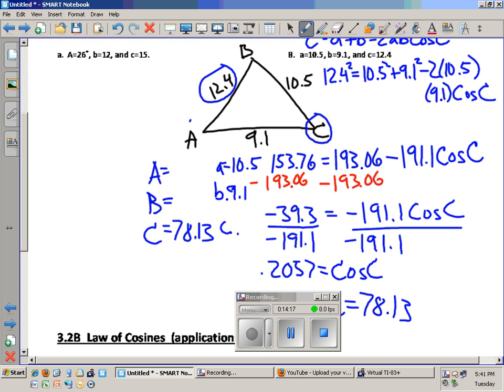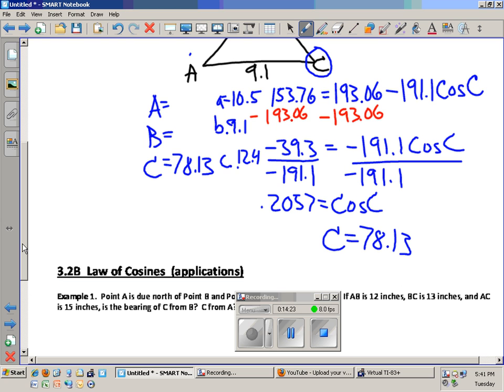Side C, 12.4. How do we actually go back and find angles A and B? Now you can use the law of sines. Sine of 78.13 over 12.4 is equal to sine of A over 10.5.